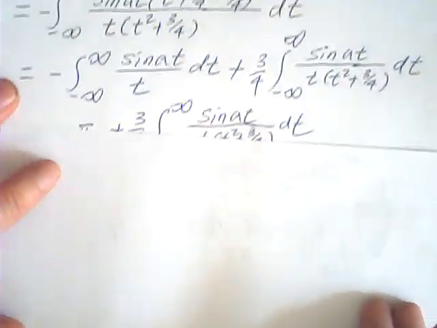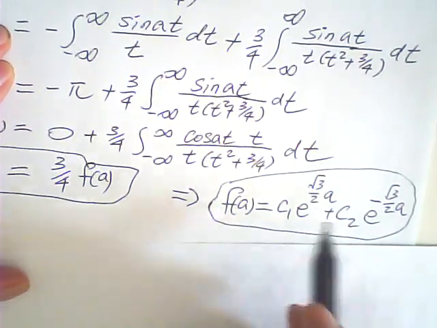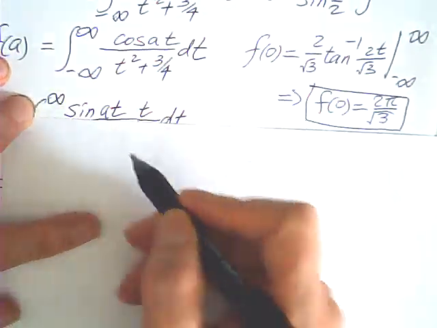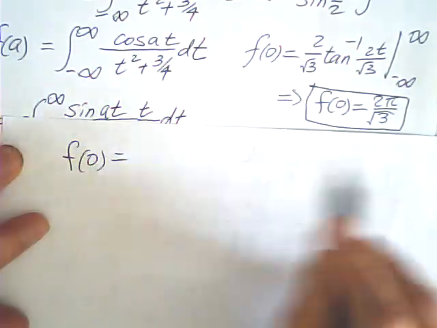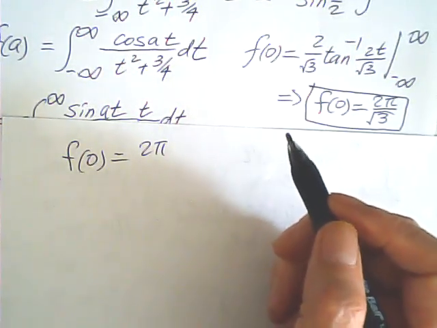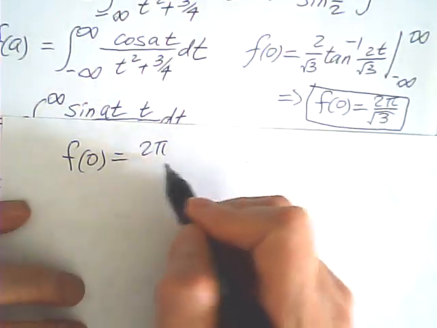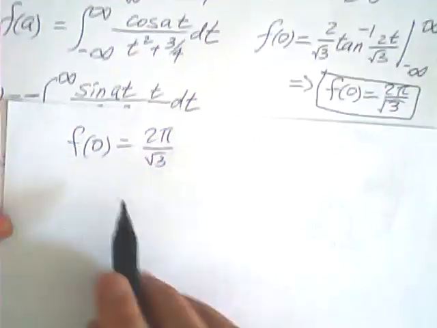Well, we are solving this equation by using initial conditions. The first initial condition is that f of 0 is equal to 2 pi over root 3. Okay, that is one.